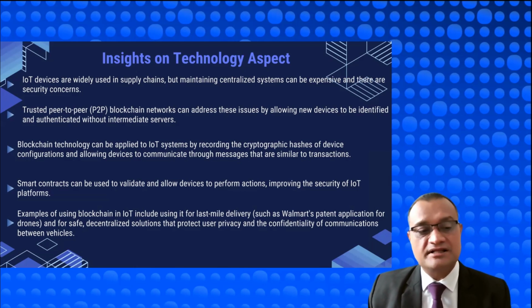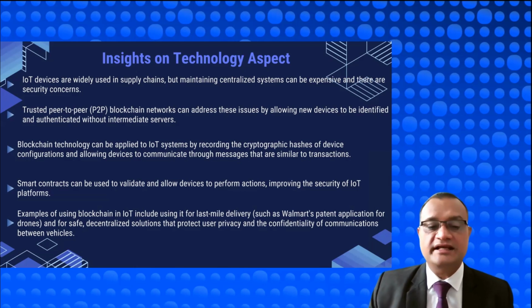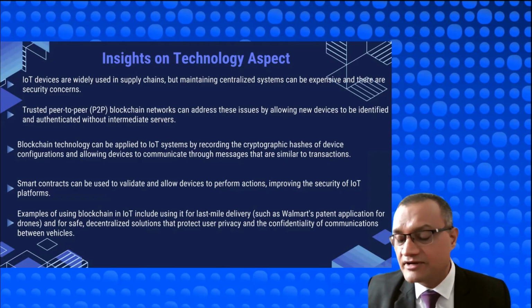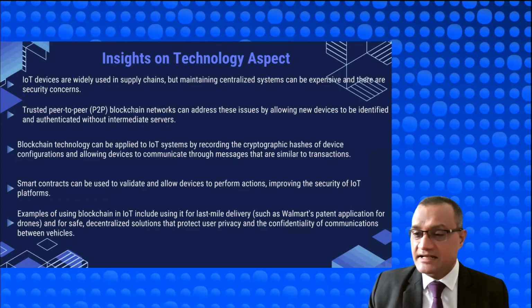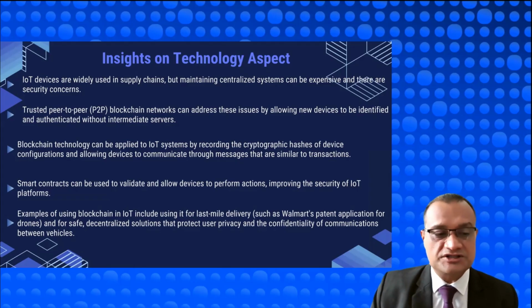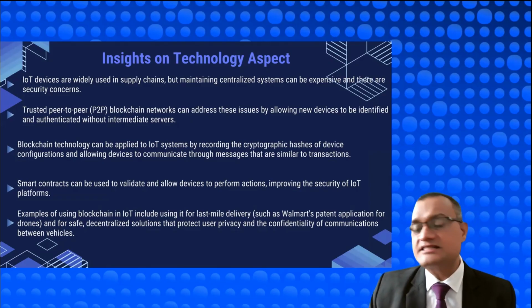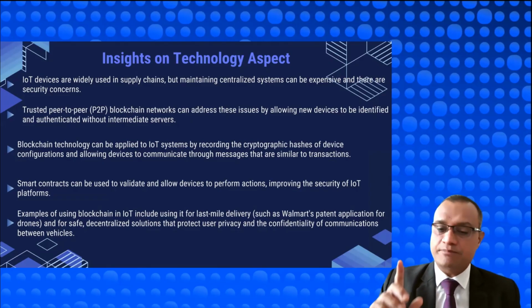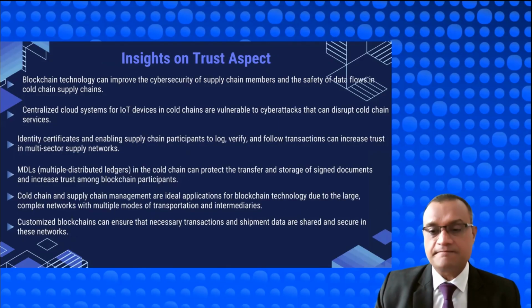Some of the examples of using blockchain in IoT include using it for last-mile delivery. Walmart's patent application for drones typically deals with this technology, and for a safe, decentralized solution that protects user privacy and confidentiality in communication between vehicles.